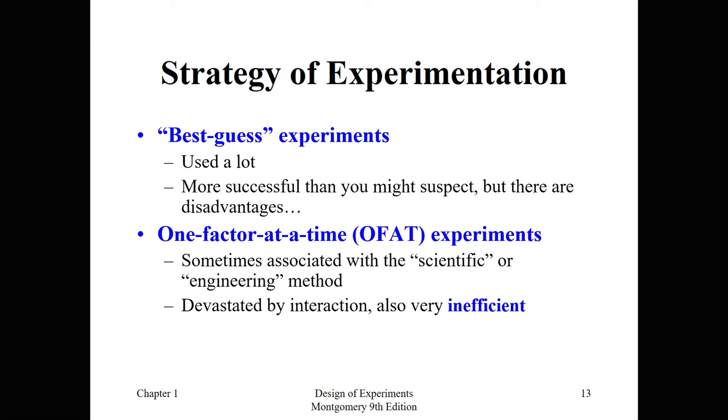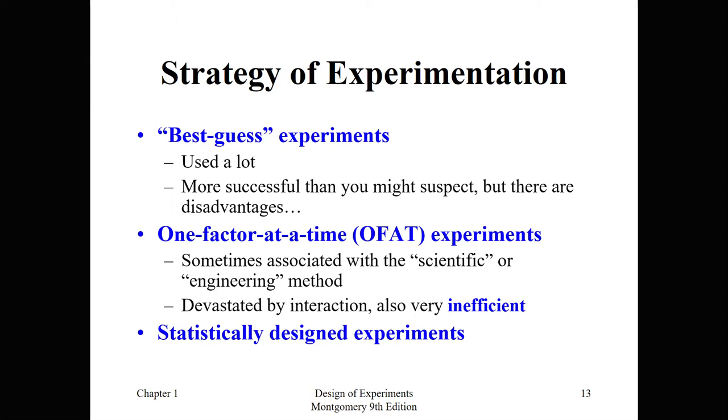I would have to do 3 sets of cookies for the temperature and 3 sets of cookies for the time, so I need 6 sets of cookies total. Whereas if I combine them, sometimes I don't need as many, especially with some of the designs that we'll talk about near the end of the class, called the fractional designs.